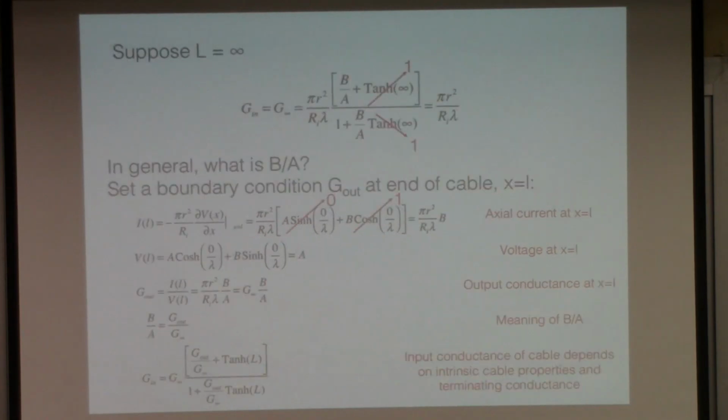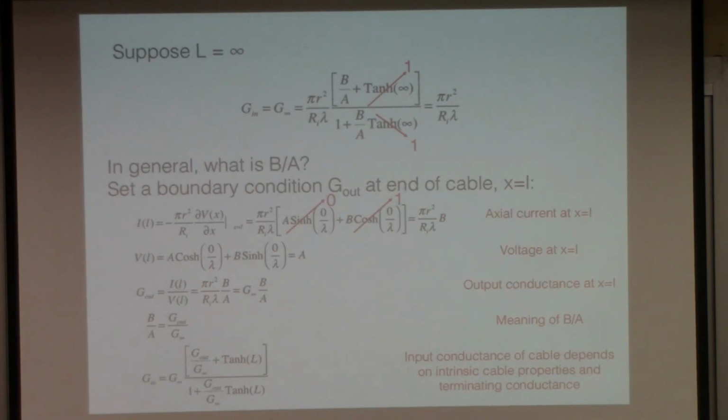So that means that the current at that end of the cable, it satisfies this equation here, is proportional to this unknown coefficient a times the hyperbolic sine of 0, which is 0, so this term goes away, plus b times the hyperbolic cosine of 0, which is 1. And so the current at that right end of the cable, flowing out of that right end of the cable, is equal to this. All right?